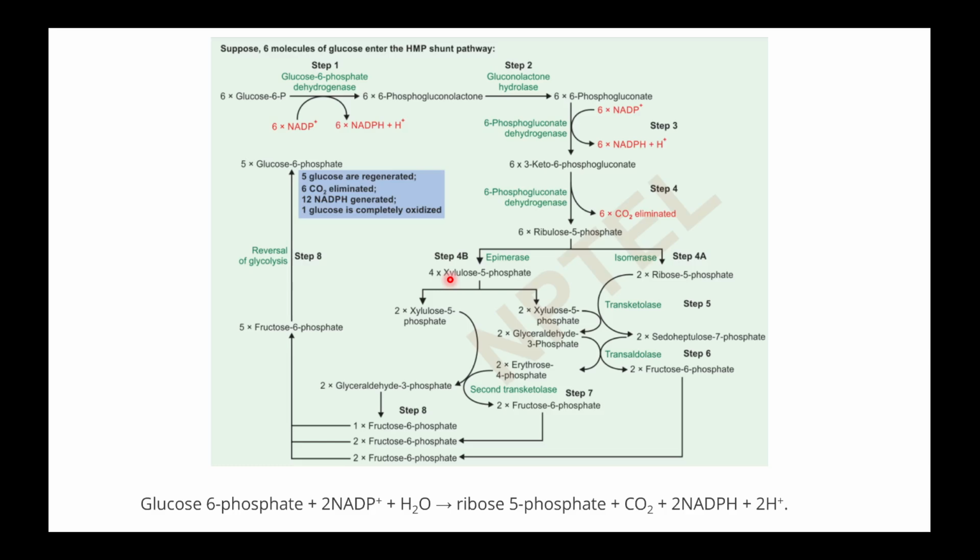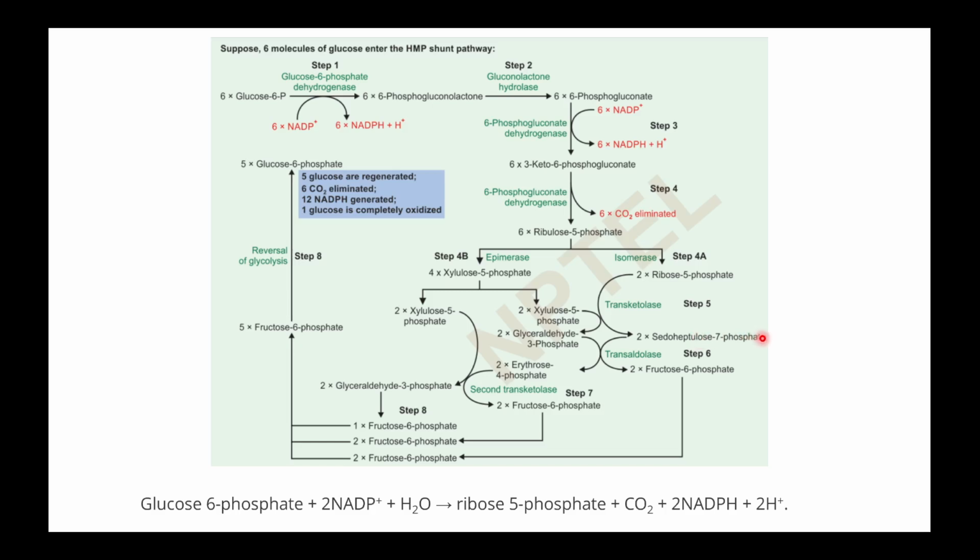Now there's a transketolase reaction where 2 molecules of xylulose 5-phosphate, along with 2 molecules of ribose 5-phosphate, will undergo transketolation. Now you have 5 carbon atoms here and 5 carbon atoms here, right? Total number of carbon atoms is 10. So we'll get two sugars.